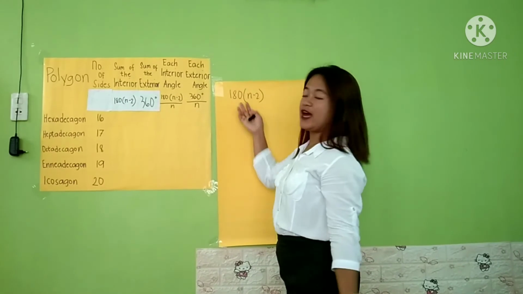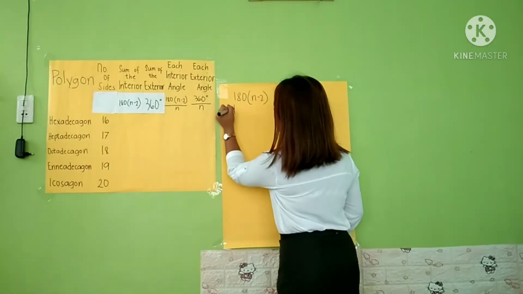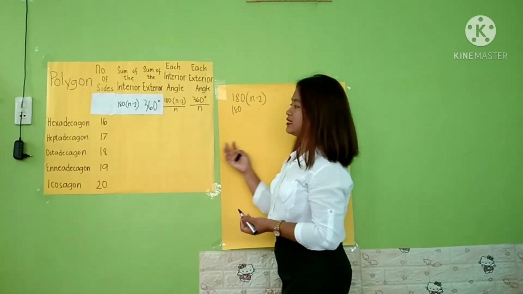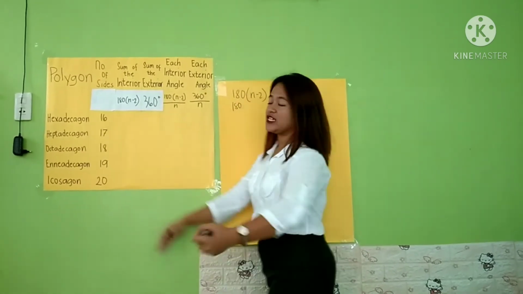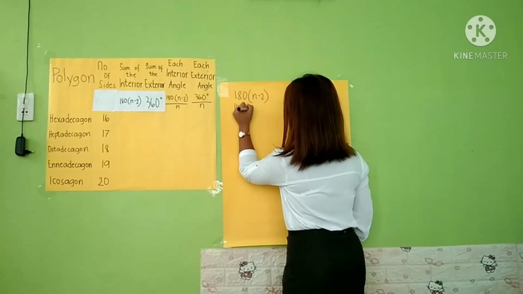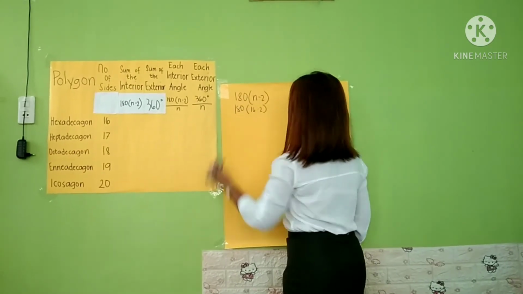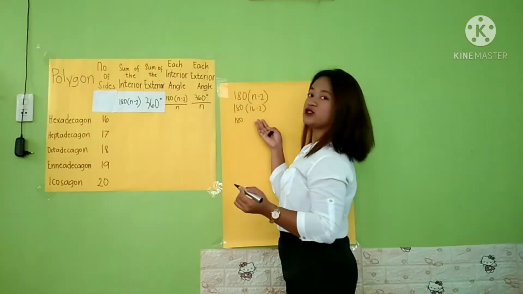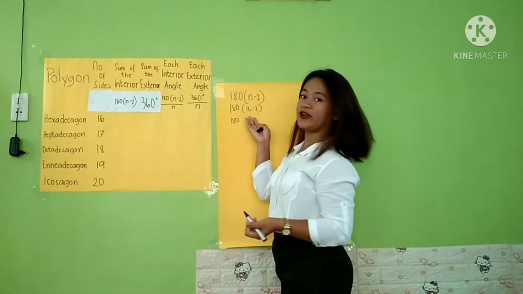Here is the formula. Bring down 180. n is the number of sides, which is 16. 16 minus 2 is 14.